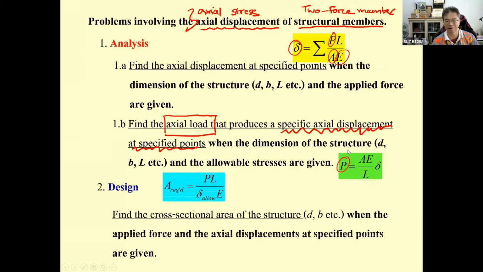And the last one is going to be the design. Now we rearrange the equation, take the A to the left. It's going to be A that we are looking for, and it is going to be PL over delta allowed E. And actually, this one usually is going to be delta allowed also. So this big picture is the same as what we have from our first chapter.